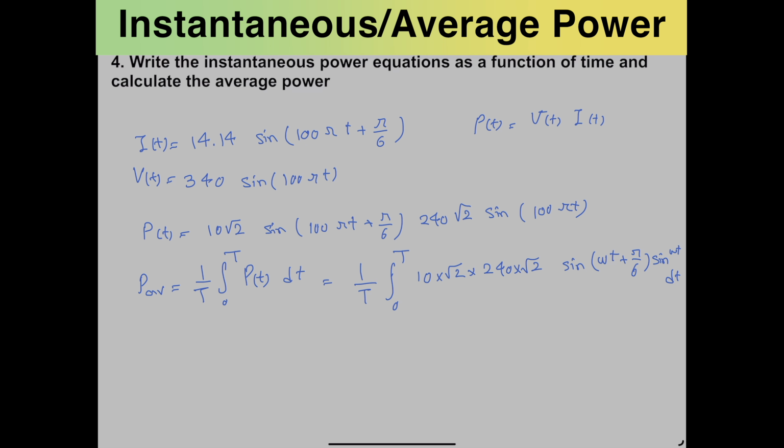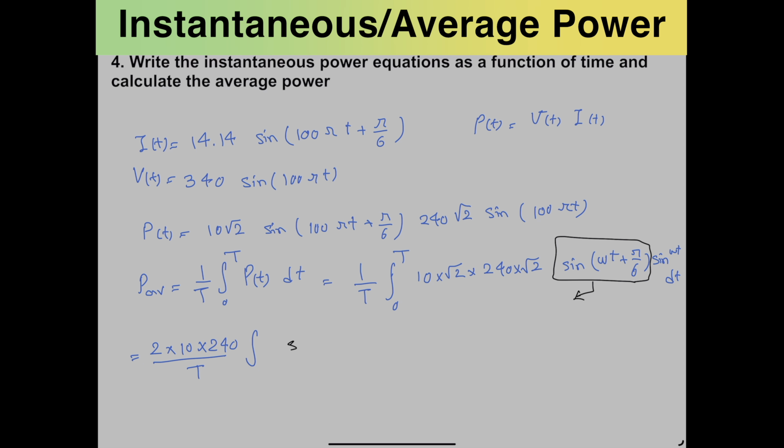Now, we know that these numbers are going to be constant and they can come out of this integration. So simply, we can take them out. Square root of 2's are going to be multiplied by each other, and it will be 2 times 10 times 240, and that will be divided by T. Integration of multiplication of two sines, we would simplify this sine as follows.